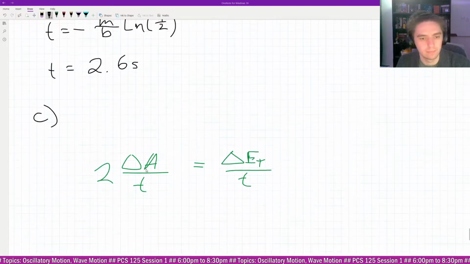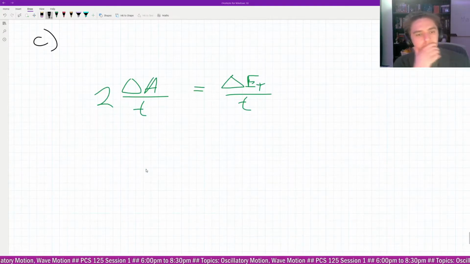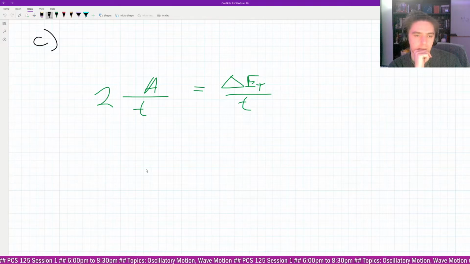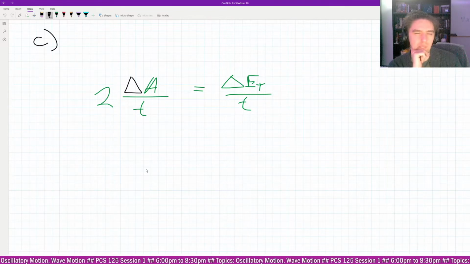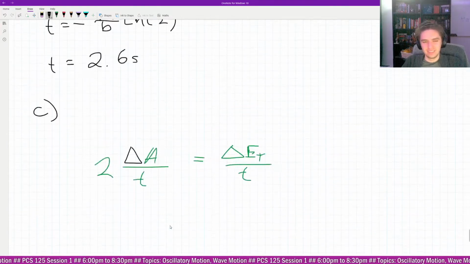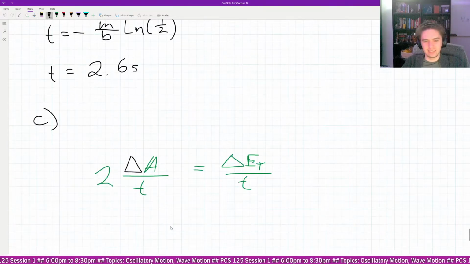Well, don't we have equations for both of them? We have the function A of t, the amplitude over time, and we have our equation for energy over time as well. Do they want me to take a derivative? I don't think so.